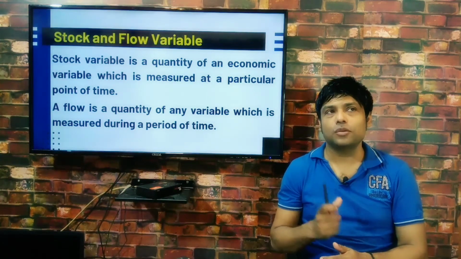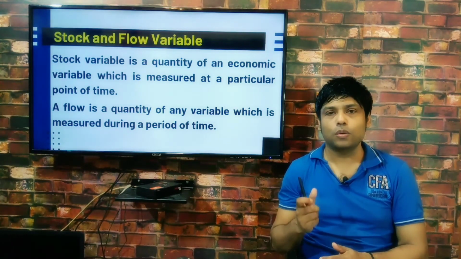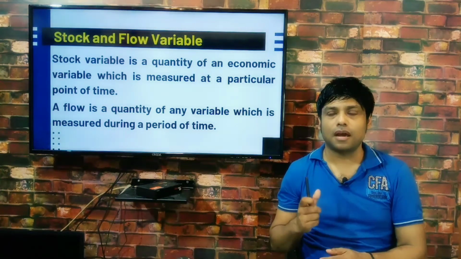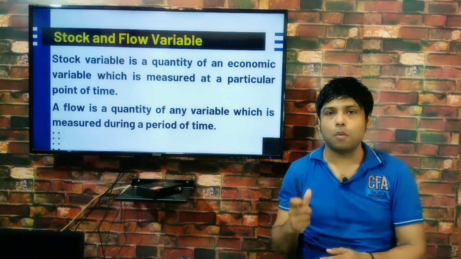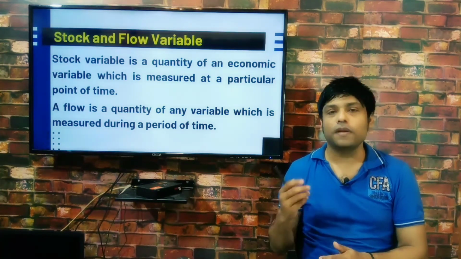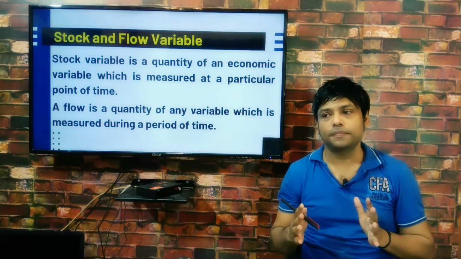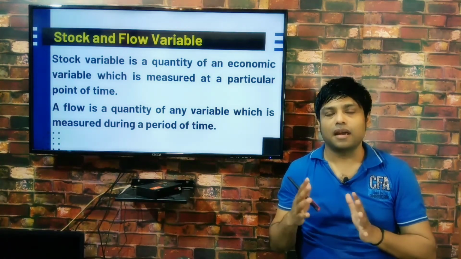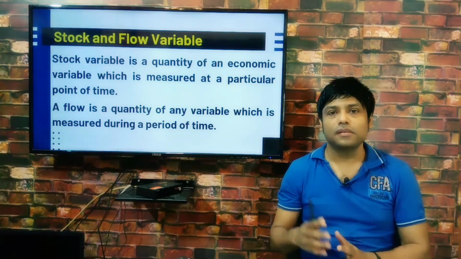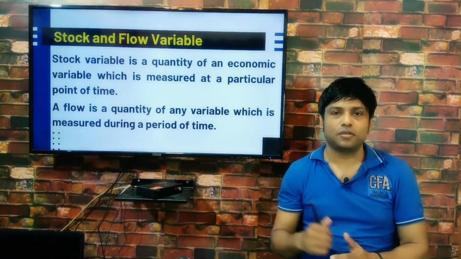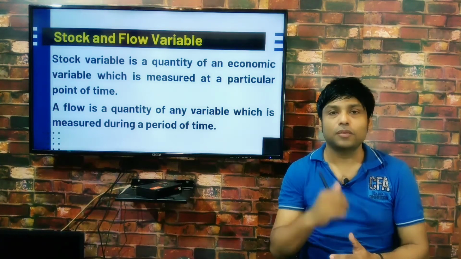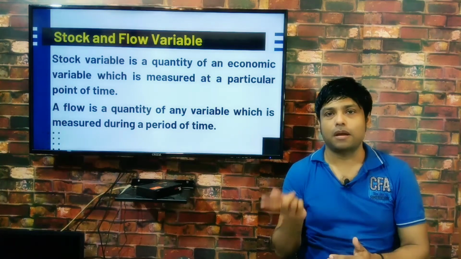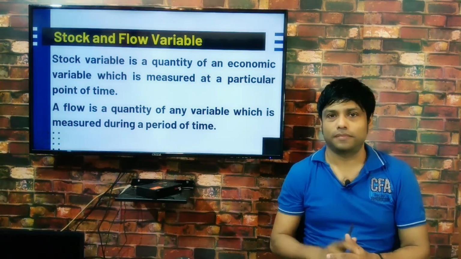A stock variable is one which has no time dimension but is described at a specific moment of time. A flow variable, on the other hand, necessarily involves a time dimension, and it is always expressed per unit of time, say a day, a week, a month, or a year.